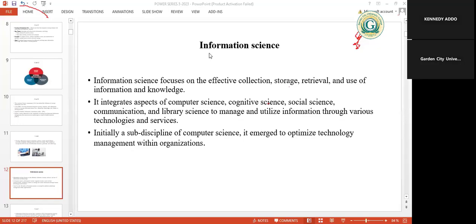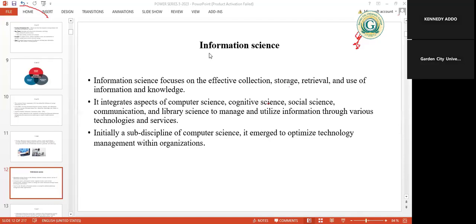So the point here is that information science is a subset of what? Computer science. So it emerged from the field of what? Computer science. Giving attention to how we can collect data, store data, retrieve data, and also use or share what? Information among care providers.